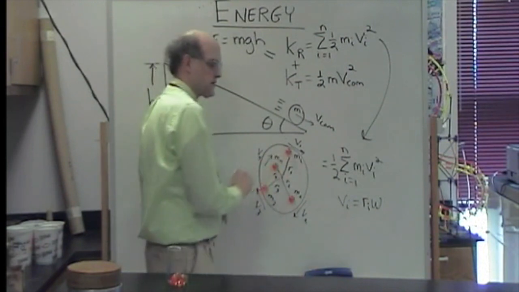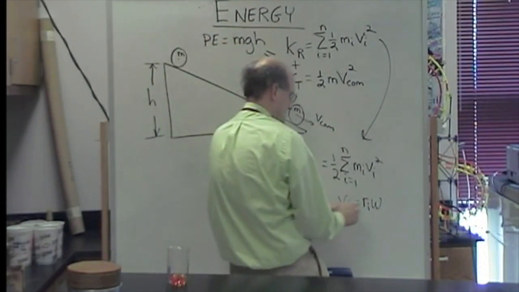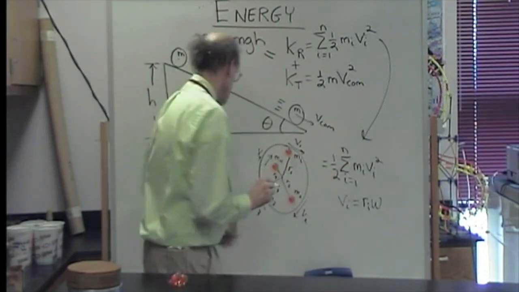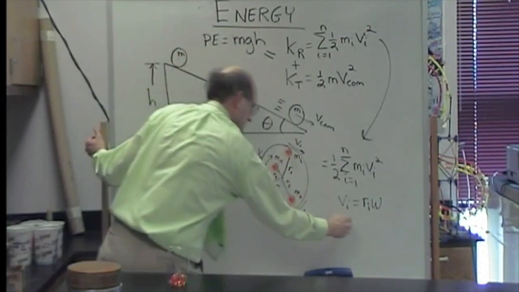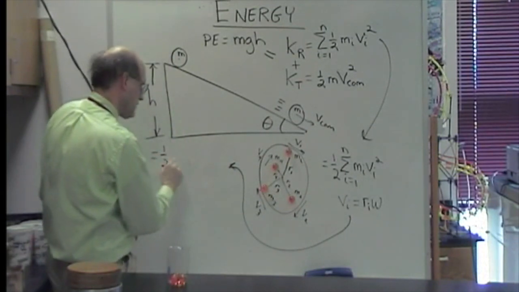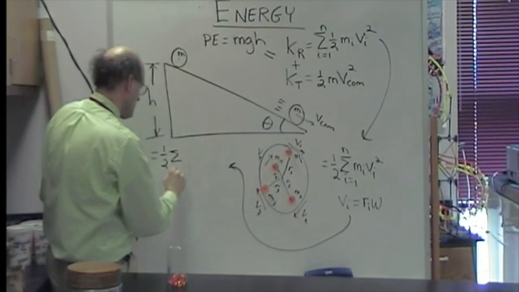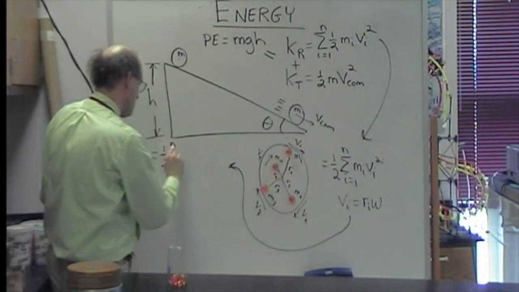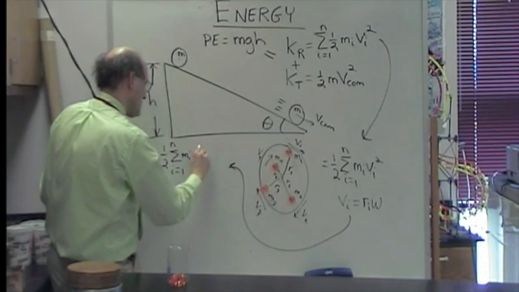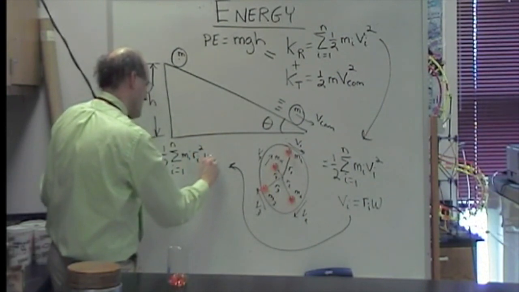So omega is a constant. So I'm going to take this expression and substitute it into this equation here. And I'll do that over here. And I get 1/2 sigma i equals 1 to n mi ri squared omega squared.